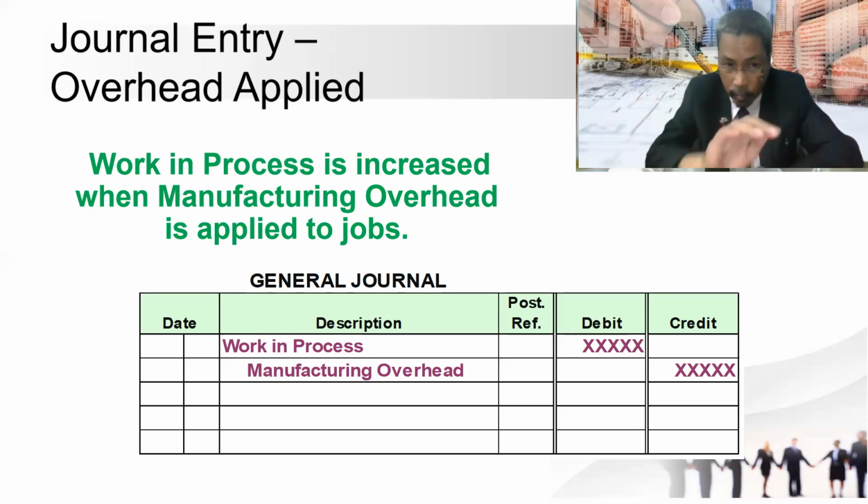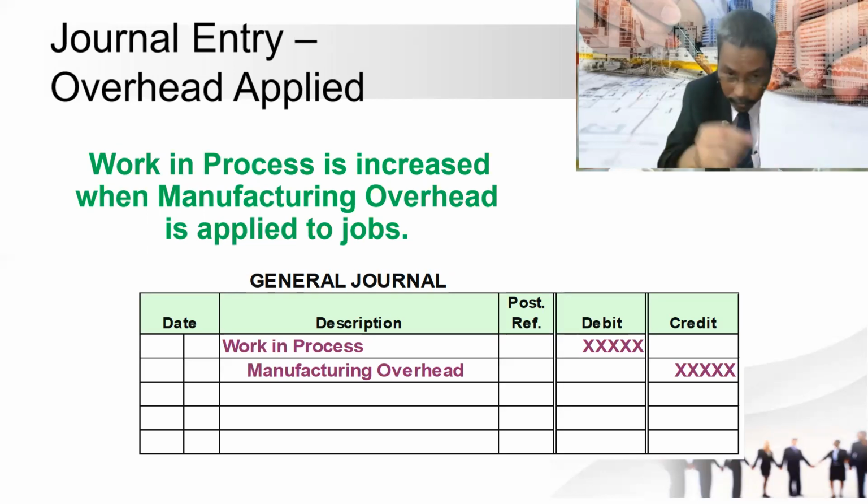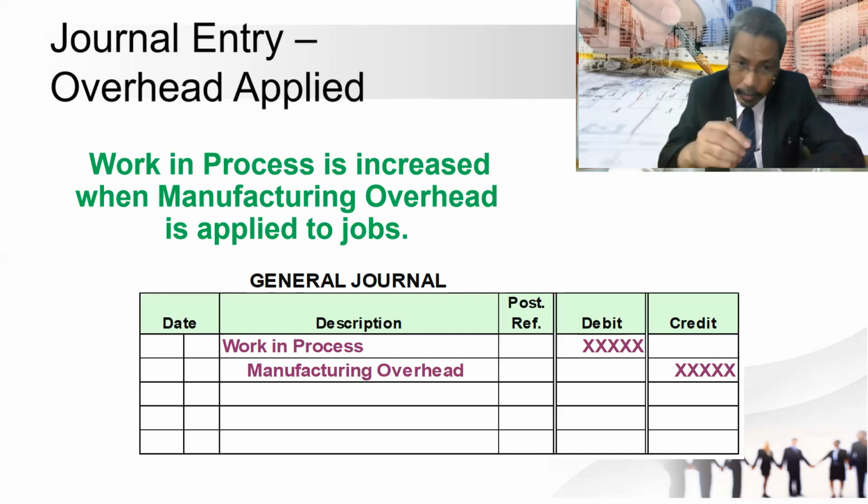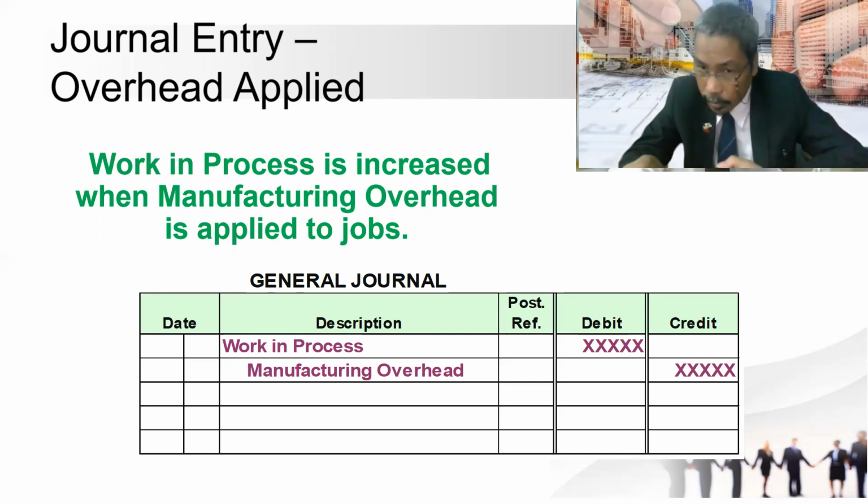So you have the date, description, so write work in process, then manufacturing overhead. Just put an amount under the debit. You can see here is X, so 5X, but put an amount that you like. Any amount will do. Okay?